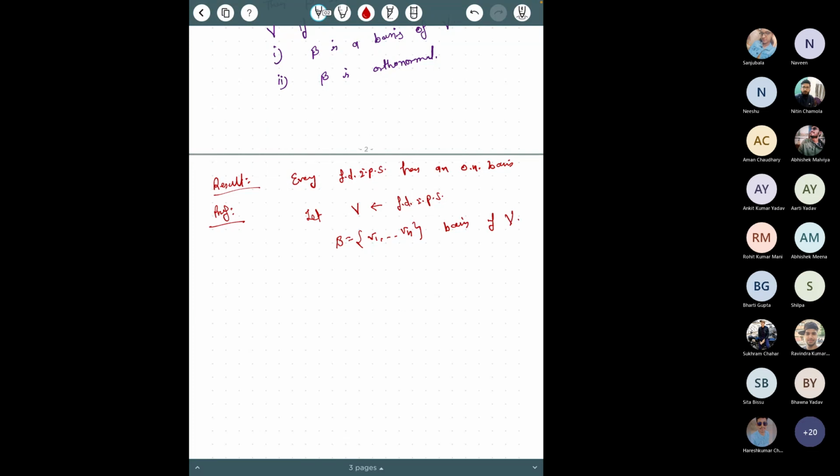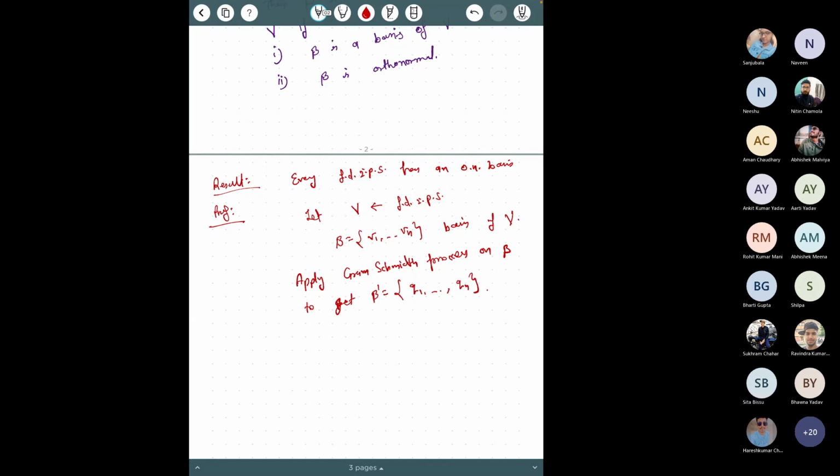Now you know how to orthogonalize this set of vectors: you just apply the Gram-Schmidt process on B to get a new set B dash, Q1 to Qn. But can you say that this B dash is an orthonormal basis?